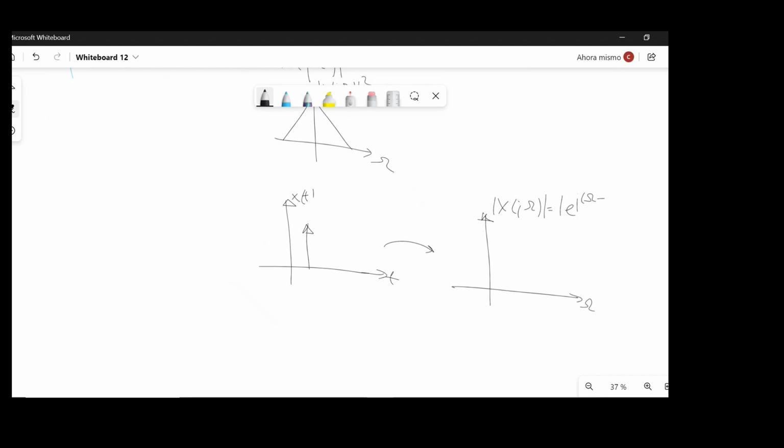So what is the amplitude of that? It's flat. It's 1.